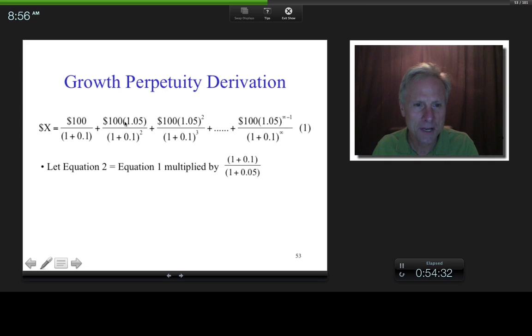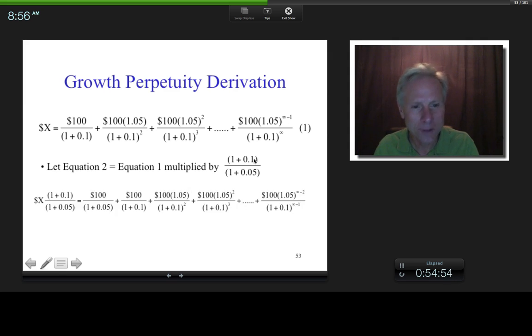And what about this guy? If I take this, multiplying by 1.05 and then dividing by 1.05, does that cancel out? It does, right? And then I've got divided by 1.1 squared, but multiplied by 1.1. Do one of those cancel out? They do, right?